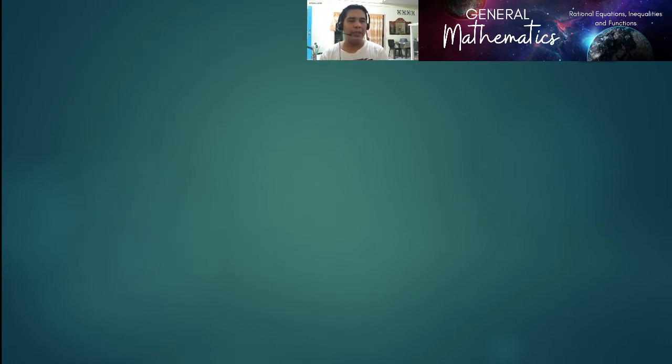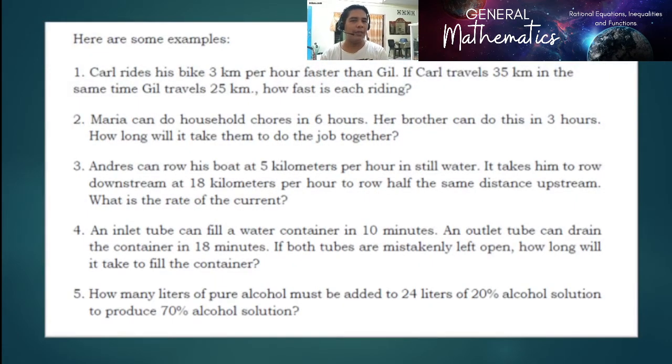And here are some examples of real life situations or problems that may be expressed as a rational function. Kung mapapansin niyo, yung limang example na yan, that is already in your modules, no? Merong mga speed problem or velocity problems that involve two speeds and compare the two. That's an example of a rational problem.